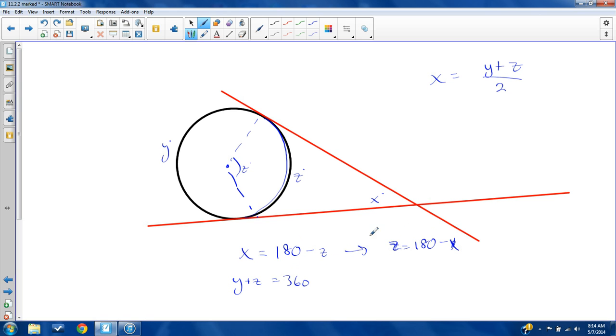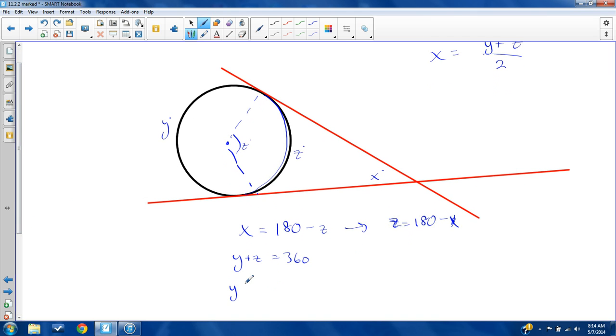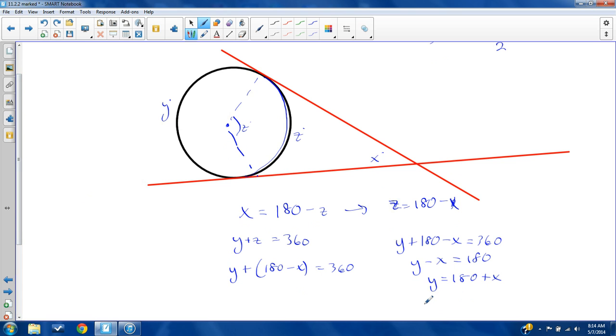Let's substitute 180 minus x in for z over here. So y plus 180 minus x equals 360. Subtract 180, you get y minus x equals 180, or y equals 180 plus x, or x equals 180 plus y.